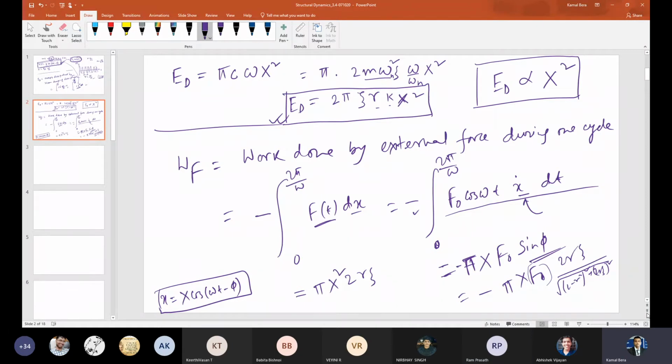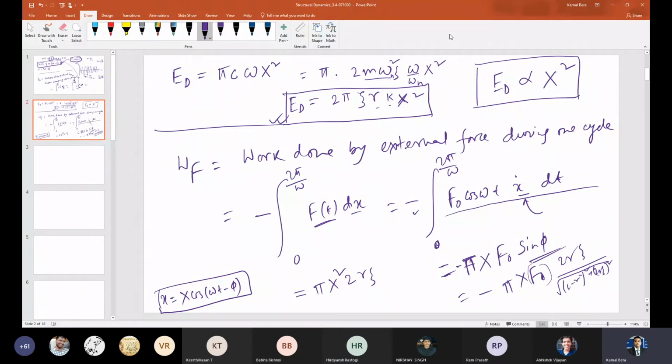Something you are missing. Just check it. I'm getting omega square also. Check the calculation.